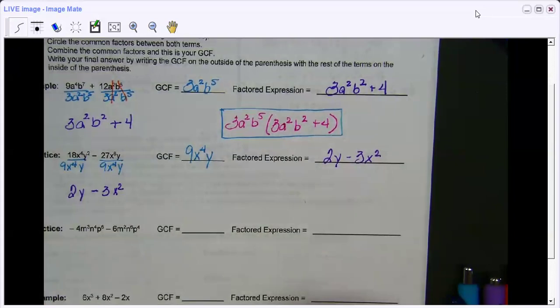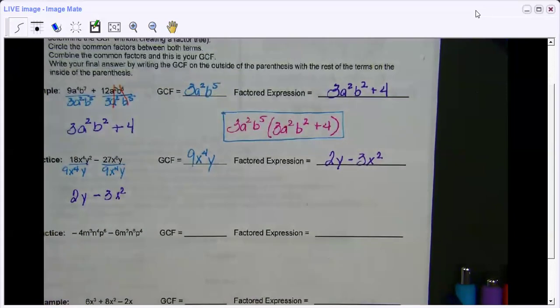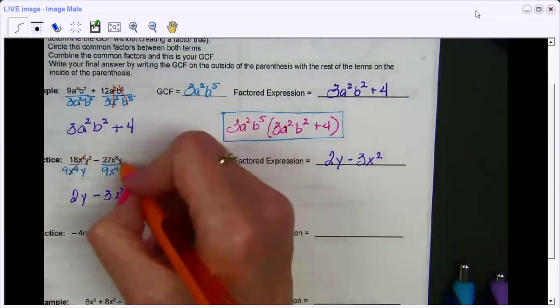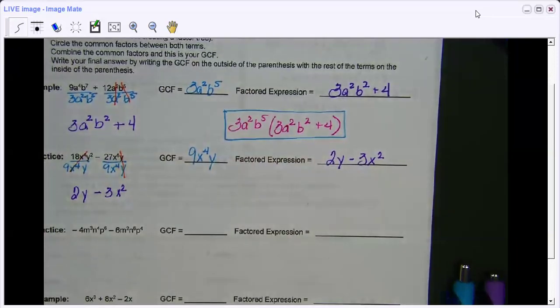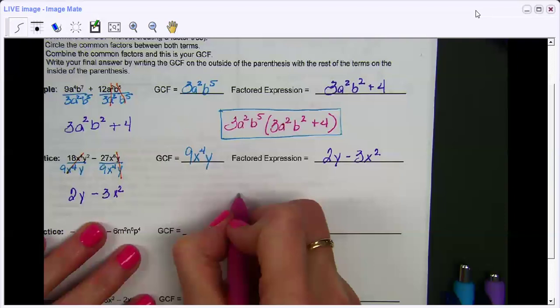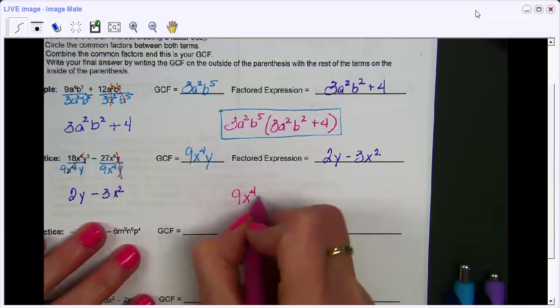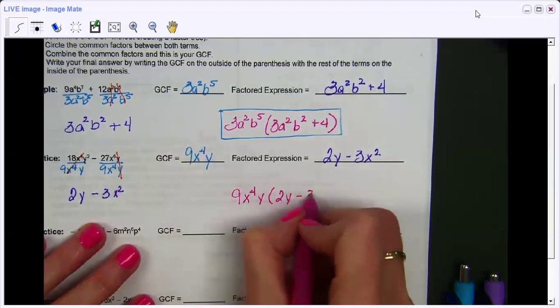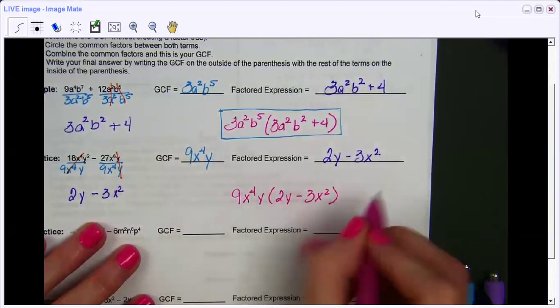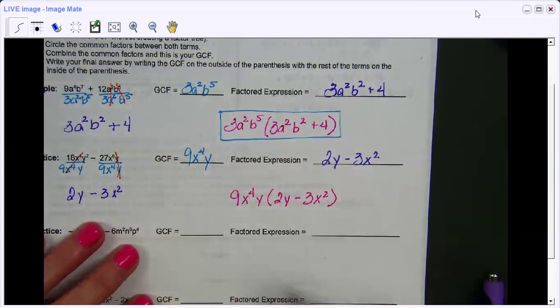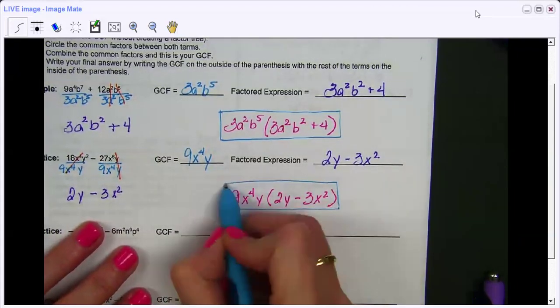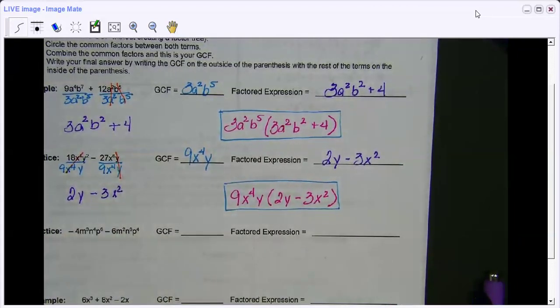Make sure you factored it correctly. Any questions on that one?